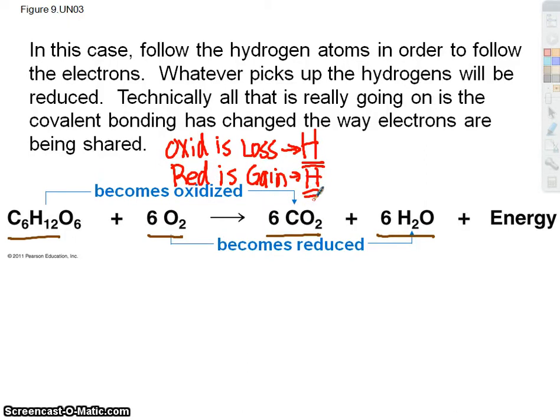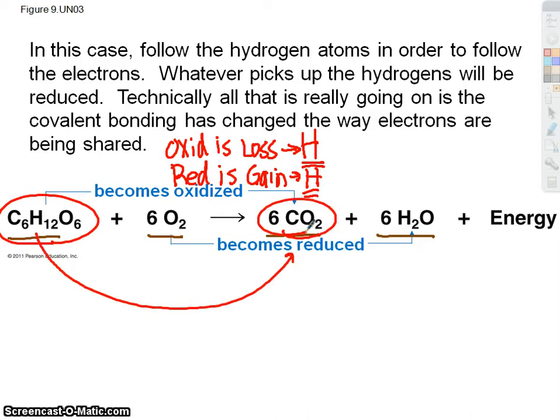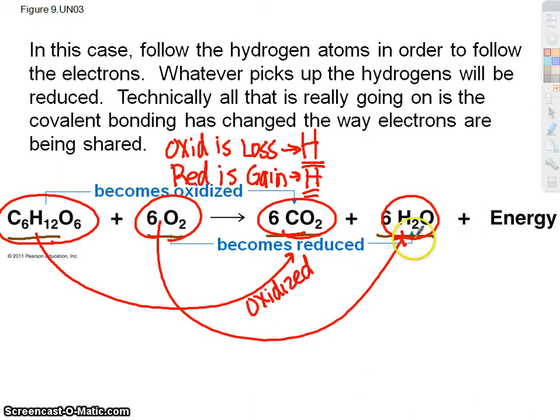So let's take a look at this reaction. Glucose, what happened to it? It lost its hydrogen. The hydrogen left. Therefore, my glucose became oxidized. Notice my oxygen, what happened to it? It gained the hydrogen.